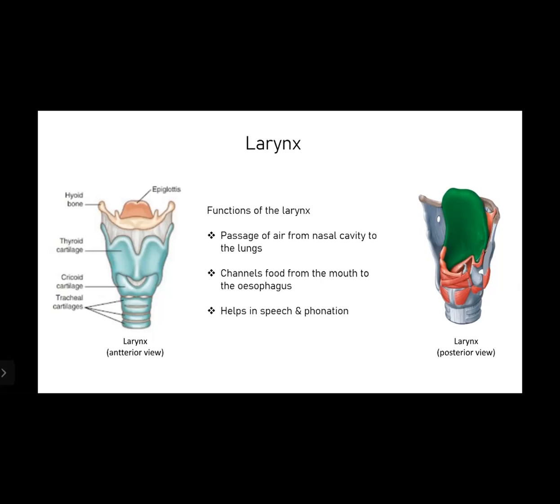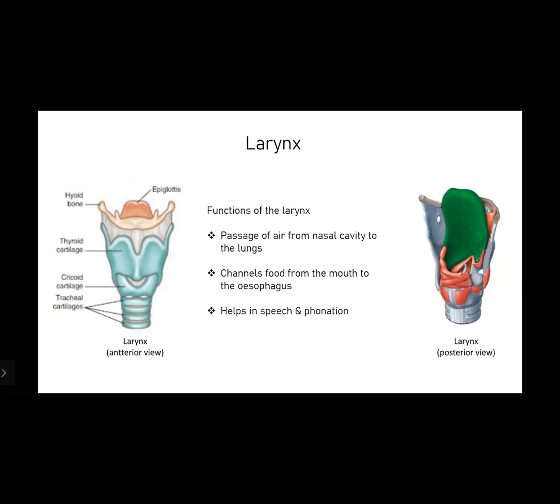So the functions of the larynx include the passage of air from the nasal cavity to the lungs, and of course it channels the food from the mouth to the esophagus, because you have the epiglottis here. Can you see the epiglottis? That is the superior-most part, which is a leaf-like structure. If you see it from the posterior part, you can see this leaf-like structure which can open and close.